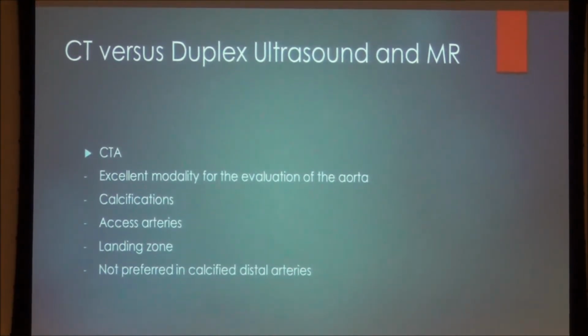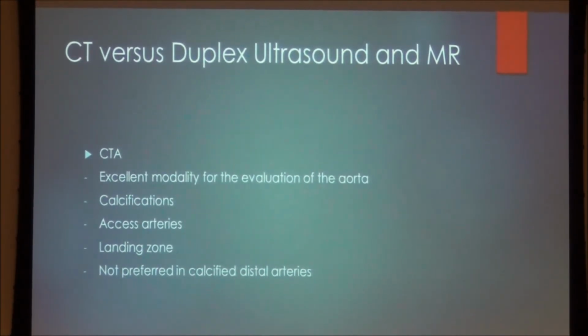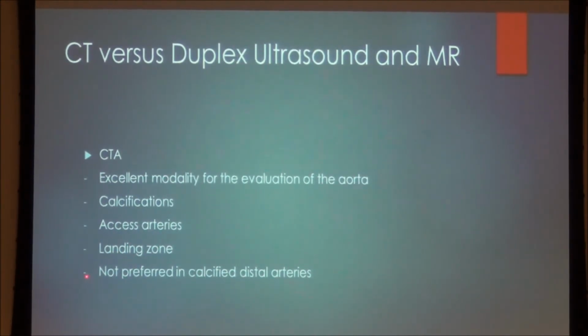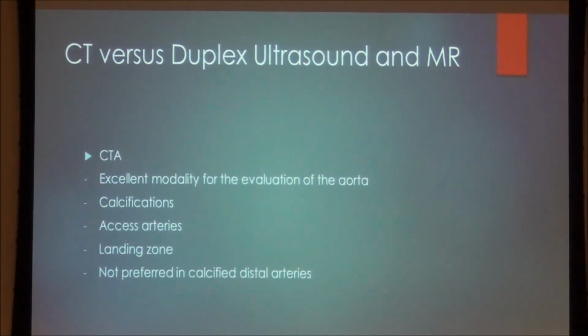CTA is an excellent modality for the evaluation of the aorta, and also for large calcification in access arteries. Access arteries means femoral arteries mostly, or brachial artery for access in the interventions. It is also good for the landing zone for the EVAR, and it's not preferred in calcified distal arteries, because everything will look the same.